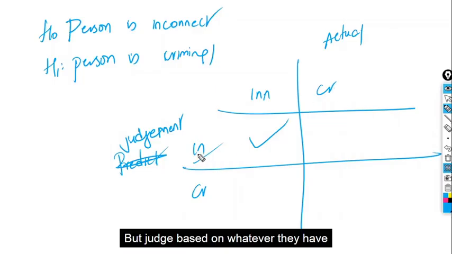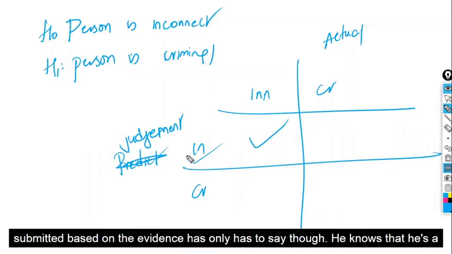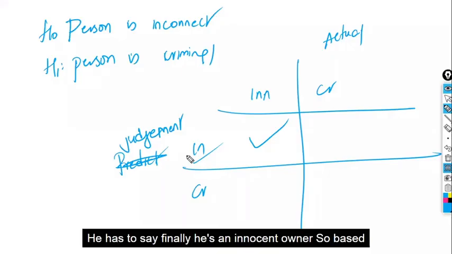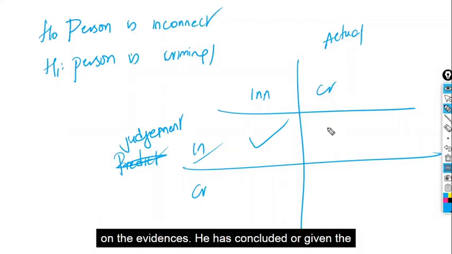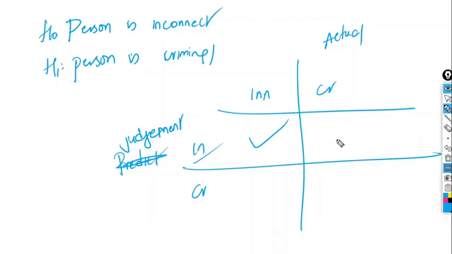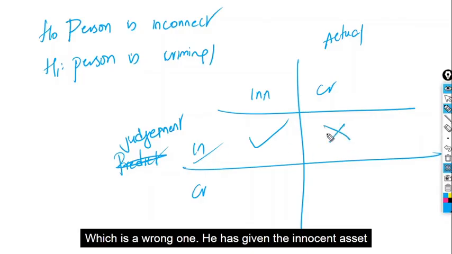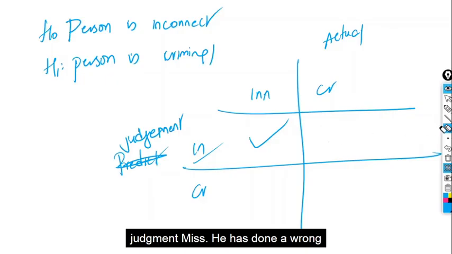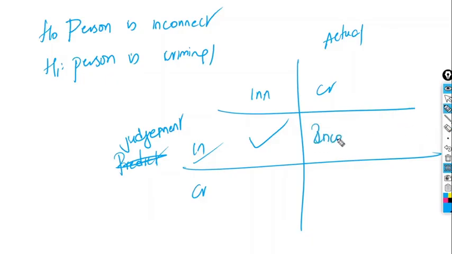Actually the person is criminal. But the judge, based on whatever has been submitted, based on the evidence only, has to say, though he knows the person is a criminal, that if there is no evidence, finally he is innocent only. So based on the evidence, he has given the judgment that he is innocent, which is a wrong one. Wrong means incorrect.